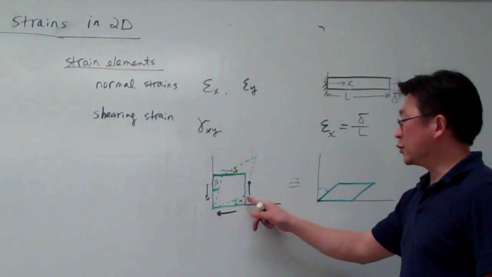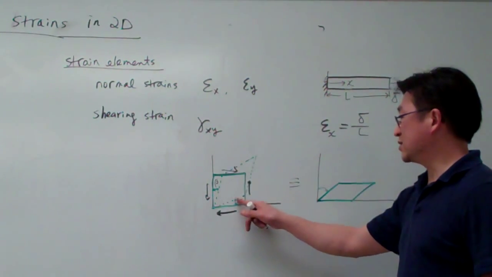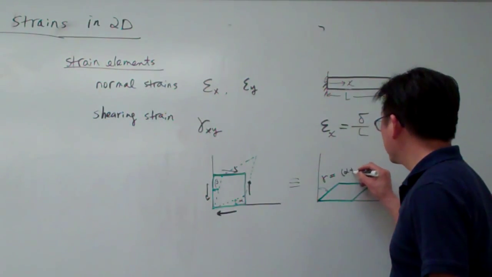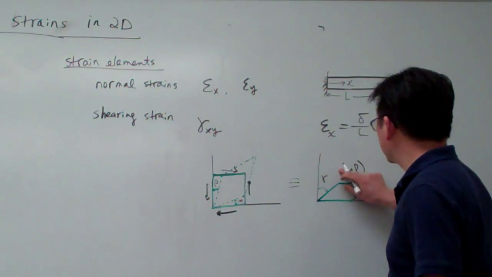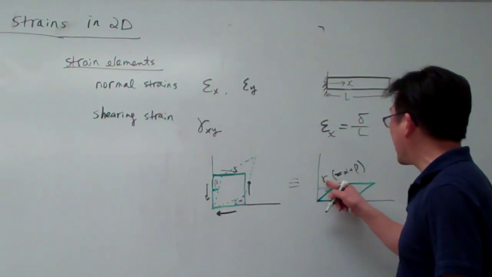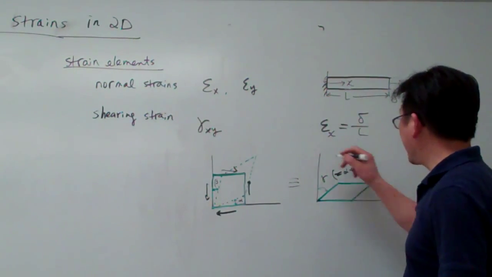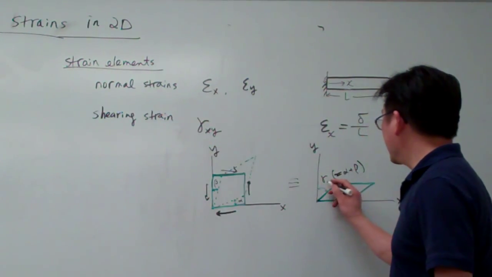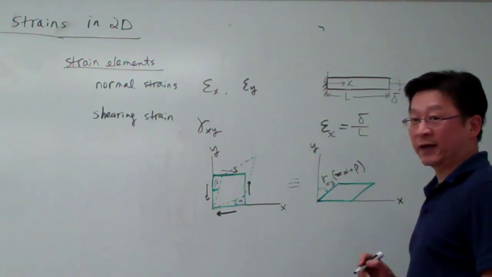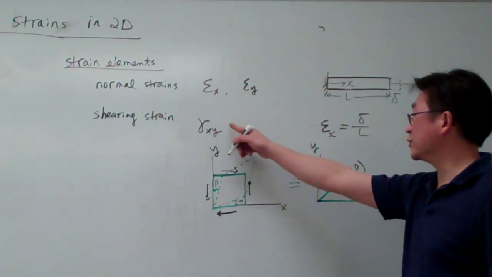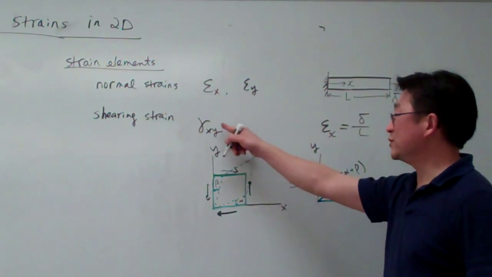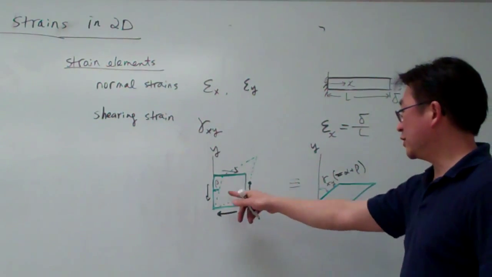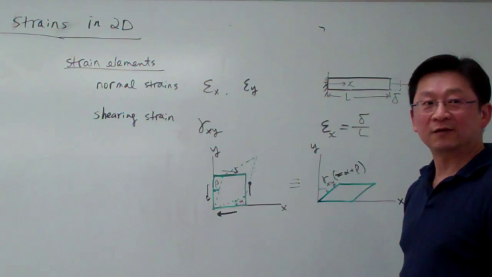Under a given loading or stress, the summation of alpha and beta will be constant. If this is our xy coordinate system, gamma xy is our shear strain. So basically, shear strain measures the change in angle.